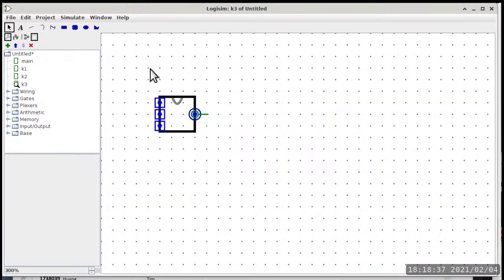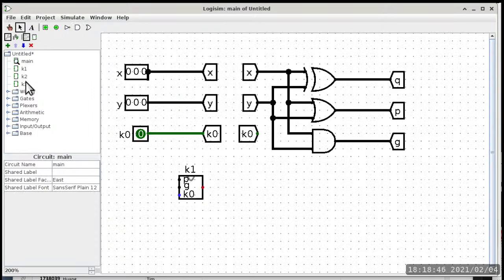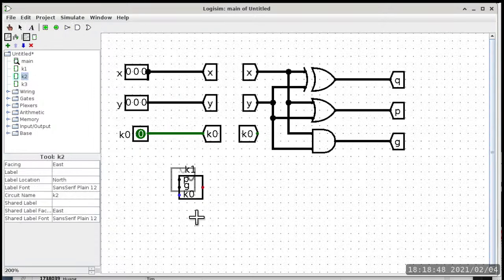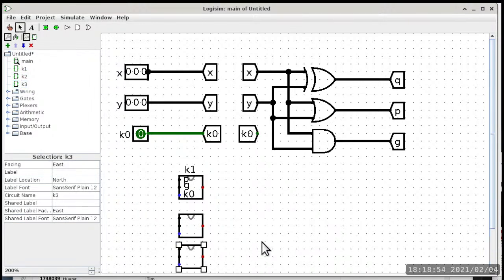Okay, so the only thing that is super important for me to label is what kind of circuit it is. Now, it doesn't really need to be labeled, because if you pick up a K2 and slap it into the main design, and you pick up a K3 and slap it into the main design, even though each one doesn't seem to have any name on top of it, if you click on it, it is clear.